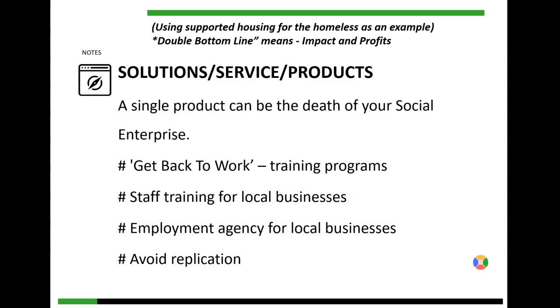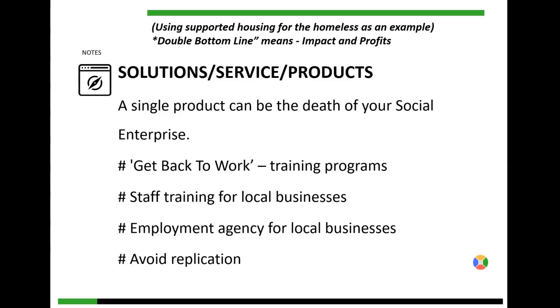So the single product, I said the single product can be the death of your social enterprise. In thinking about solutions, you want to come up with a variety of solutions. You don't want one product, because a single product, a single service can be the death of your social enterprise, because if that service begins to wane or it just doesn't work, if it dies, then your business will just collapse because it's reliant upon one thing.